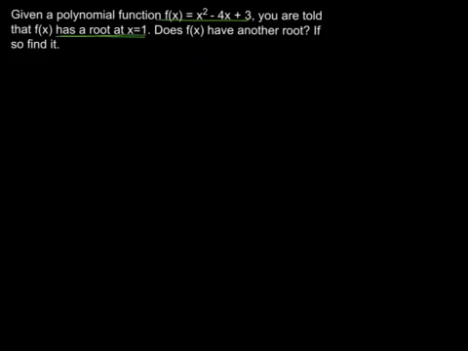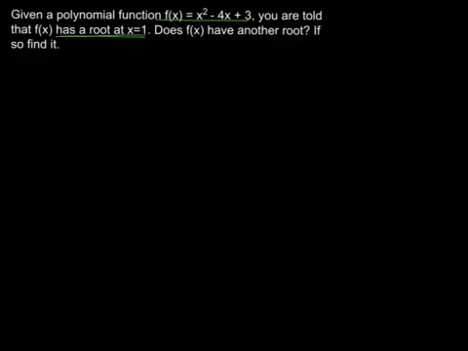All right, so we're going to take a look at this problem. Given a polynomial function f of x, x squared minus 4x plus 3, you are told that f of x has a root at x equals negative 1. Does f of x have another root, and if so, find it.